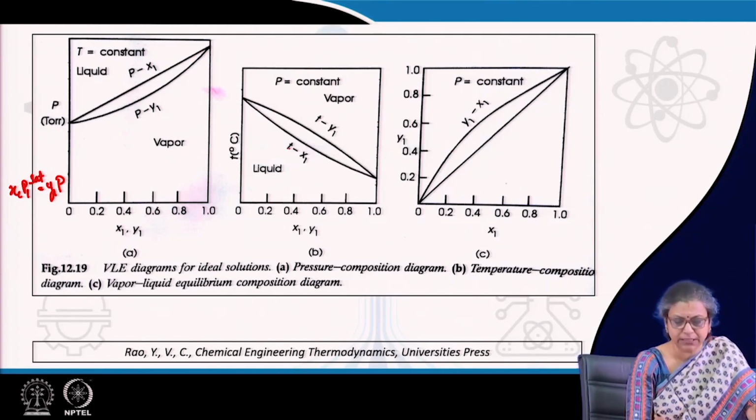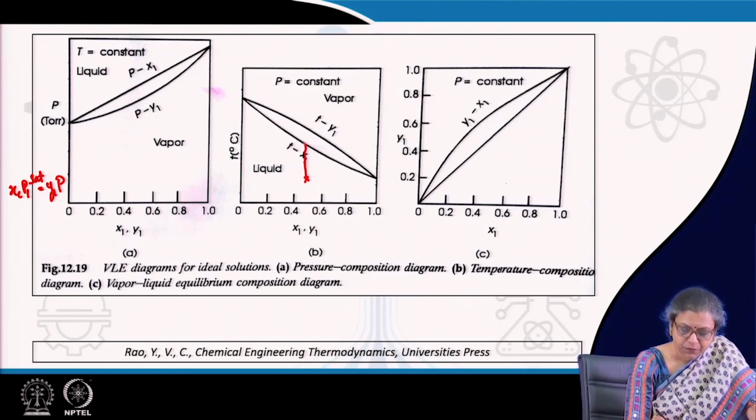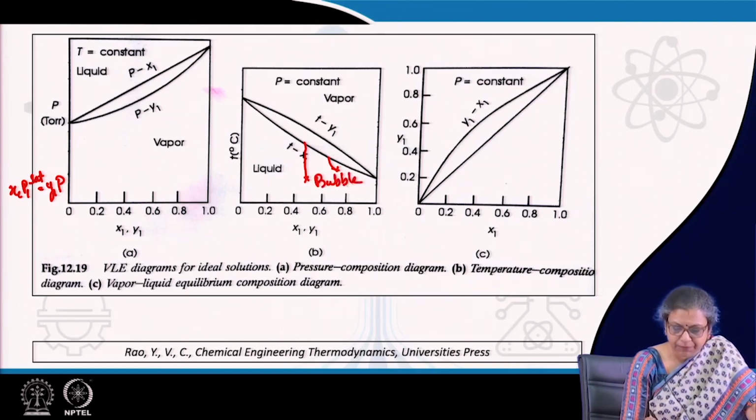The corresponding Txy diagram can be developed from here. Suppose we start with a liquid here and start heating it, then the first bubble appears here. So this is known as the bubble point curve.